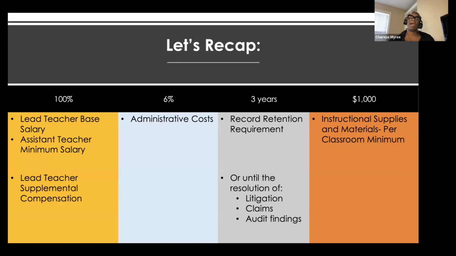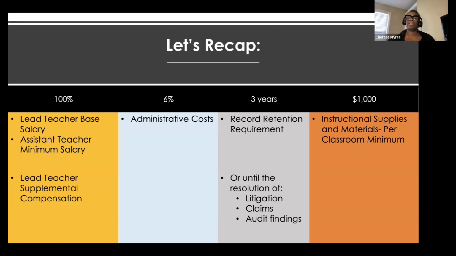And so keep in mind that this screenshot represents the business rules that are in place for pre-K, and these are the minimums. You can pay your teacher more. You can spend more in instructional supplies and materials. However, you cannot spend more in administrative costs, but you can spend less, right? So that's a maximum.